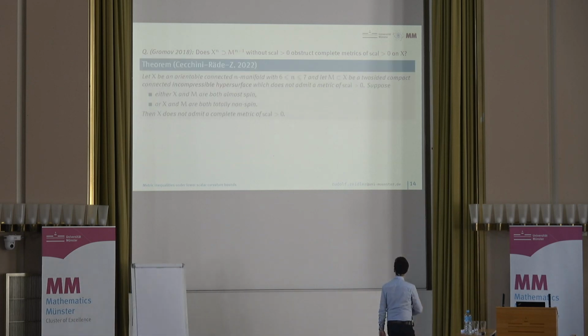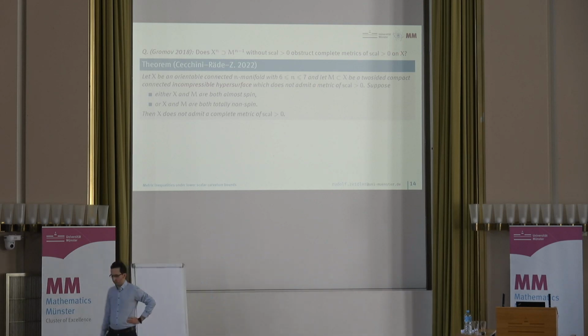And in that situation, we have a theorem which is based on this proposition. The theorem is: if we have an orientable manifold, and we restrict here to dimension 6 and 7, and a compact two-sided hypersurface which is incompressible, meaning that, as I said, the inclusion induces an injective map on fundamental groups, and suppose that this hypersurface does not support positive scalar curvature.